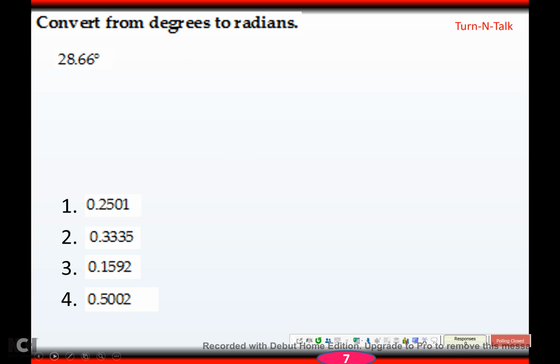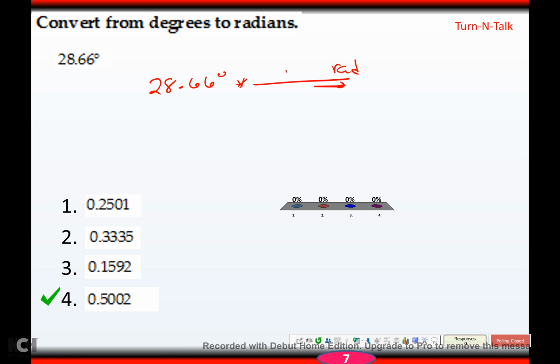Okay, you try this one. Hit pause. Come back when you're ready. Hopefully you got 4. It's all degrees: 28.66 degrees. I want degrees to go away. I want radians on top. There's pi radians in 180 degrees.